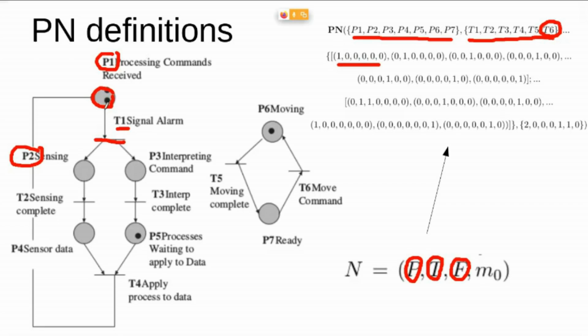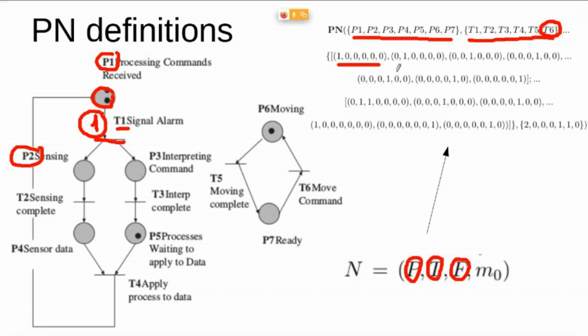Because by default, if you don't have a weight assigned to an arc, you can consider that there is a 1. So from now on, if you don't have any number next to your arc, you can consider that 1 is the weight for this arc.